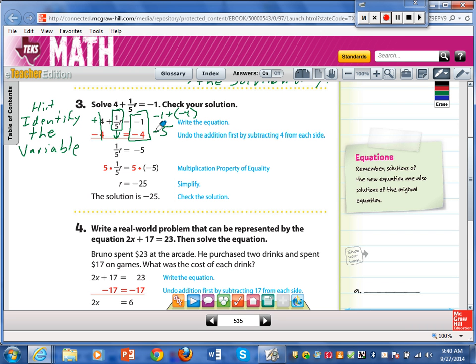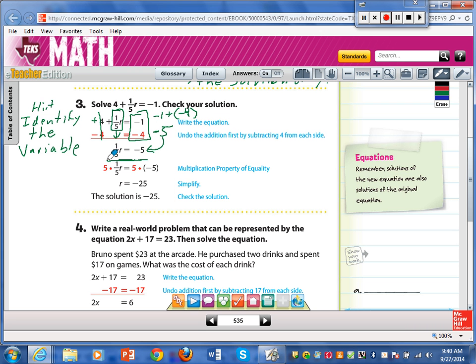So this is negative 5. That's how it got to here. Okay? So remember, this is 4, negative 4. So that's how you rewrite. Every time we have to subtract, it's better if you rewrite it as an addition problem to make things easier on yourself. Okay, so now that we subtracted 4 on both sides, we ended up with this brand new equation here.